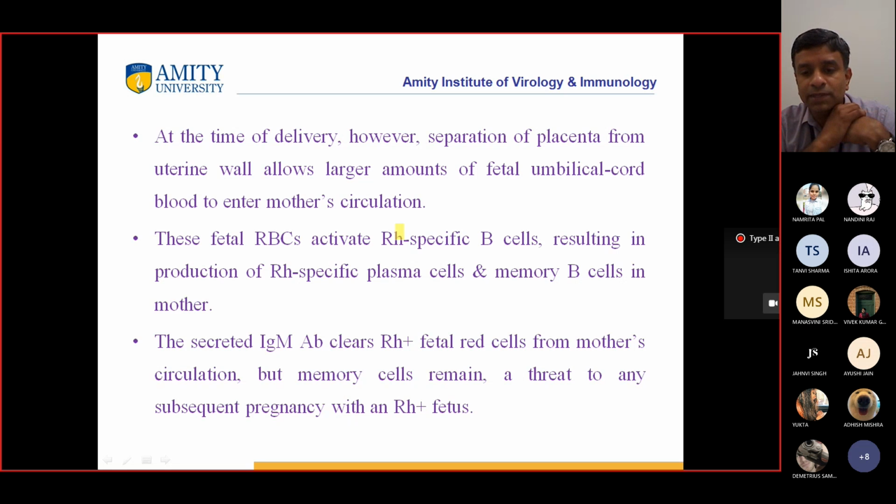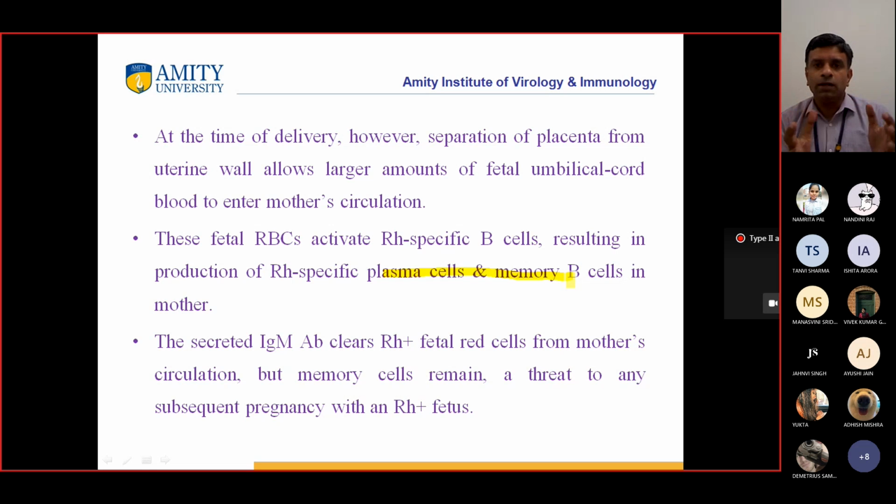So these fetal RBCs activate Rh specific B cells, because now it's a new, foreign antigen, since the mother's system has not seen the Rh factor. It will activate the B cells, resulting in production of Rh specific plasma cells and memory cells.